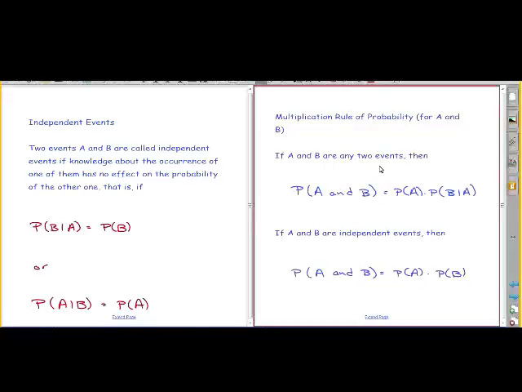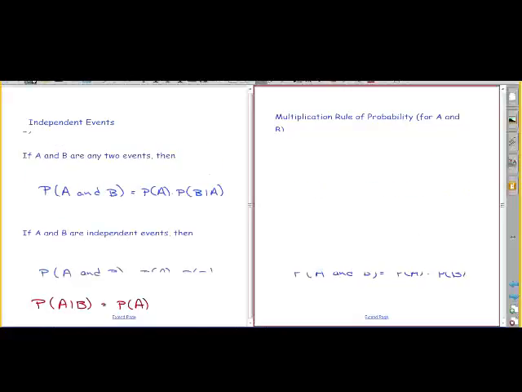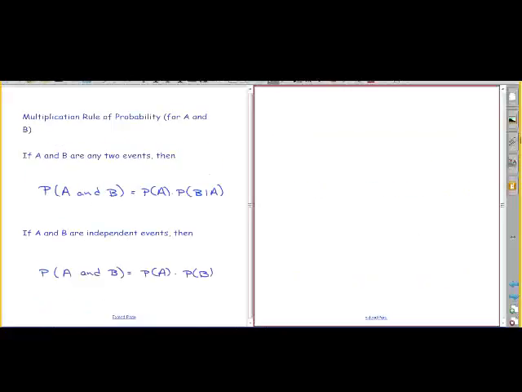So if there are any two events, the probability of event A happening and event B happening is equal to the probability of event A happening times the probability of event B happening given that A has happened. If two events are independent, then it's just the probability of each event separately. I just said this verbally. Let me just write it down.